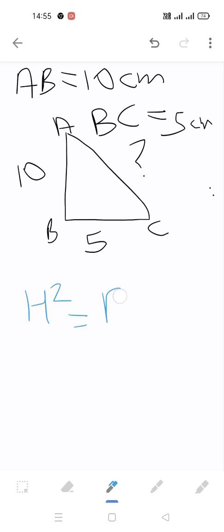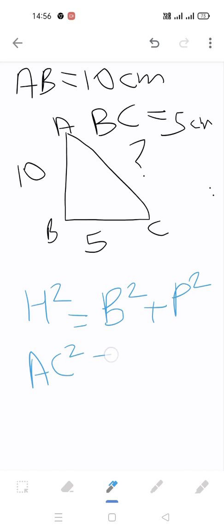Hypotenuse square is equal to base square plus perpendicular square. Isn't it? This is your Pythagoras theorem. What is the hypotenuse? The hypotenuse is AC, which you have to find.